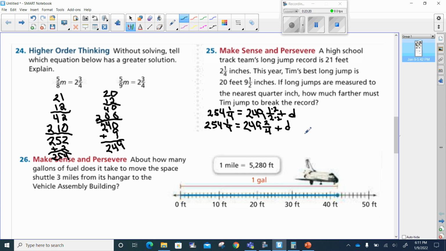All right. Now, in order to get d by itself, we're going to have to take this 249 and 2/4 and take it to the other side, which means we're going to have to subtract 249 and 2/4.